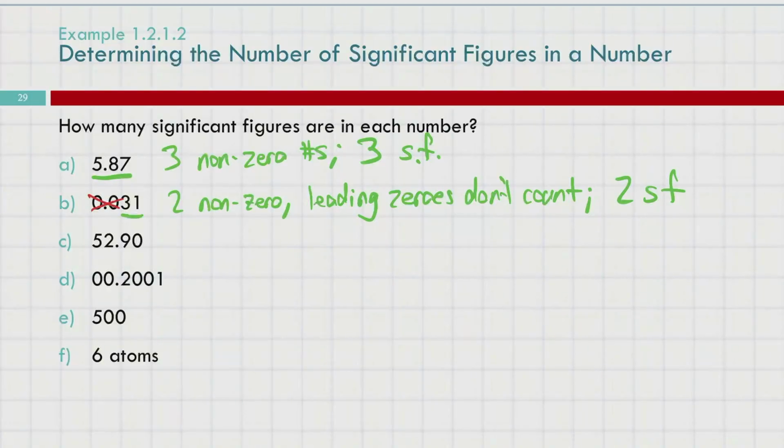Letter C, 52.90. We have 3 non-zero numbers, and we've got a trailing zero with a decimal point.